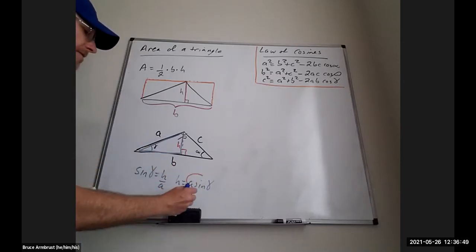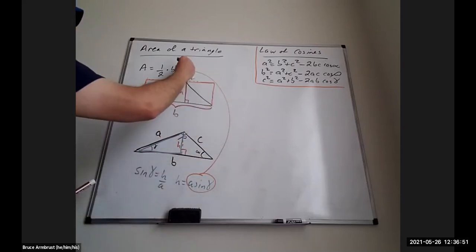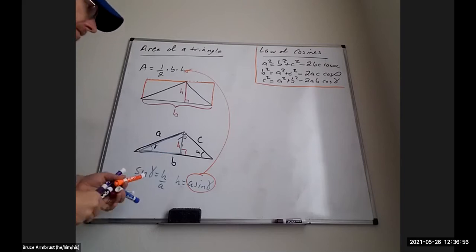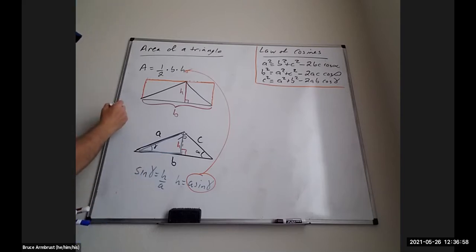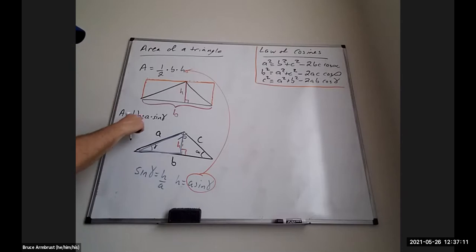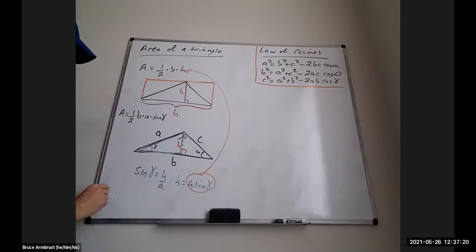Let's fire that in there for the H. So we get area equals 1/2 B times A times sine of gamma. Notice how this has nothing to do with H and has only to do with sides and angles. So I'm going to rewrite this down here and put a box around it.